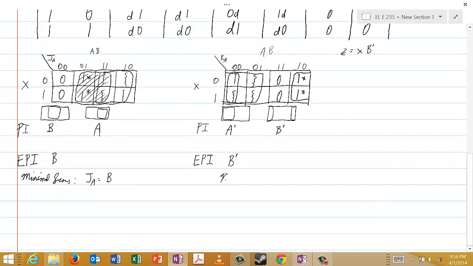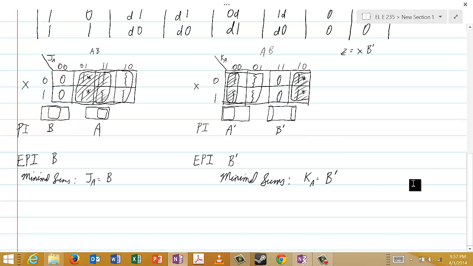And therefore, the minimal sums, there's only one, and it is KA is equal to B prime. And if you decide to shade this in, you get that. That is sufficient. You don't need to account for these two terms because they're don't care conditions.